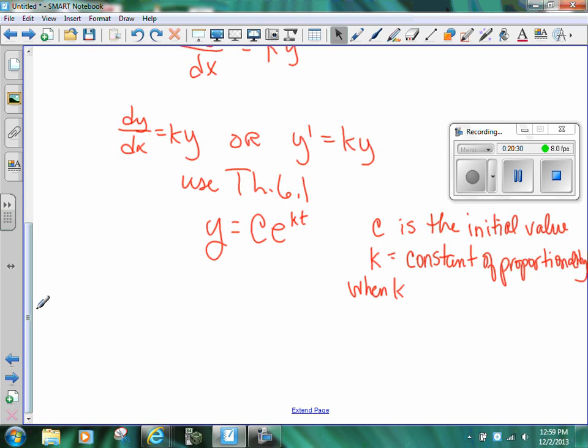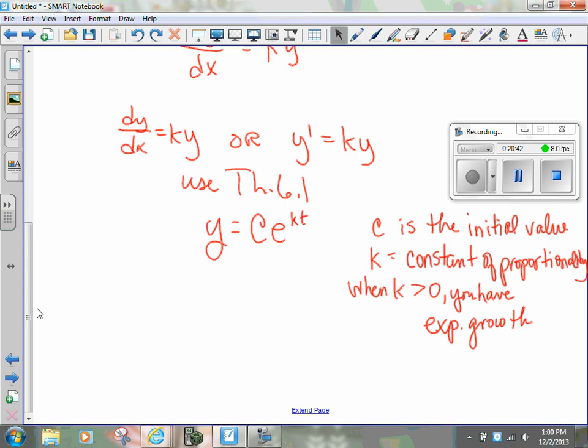When k is greater than 0, you're going to have exponential growth. And when k is less than 0, you're going to have exponential decay. And this is real life stuff. Somebody somewhere uses this.